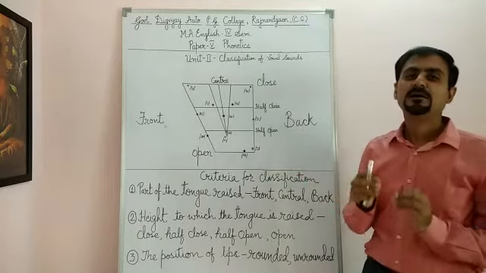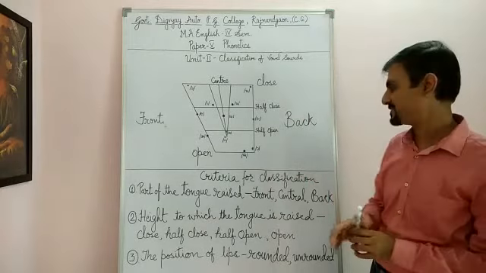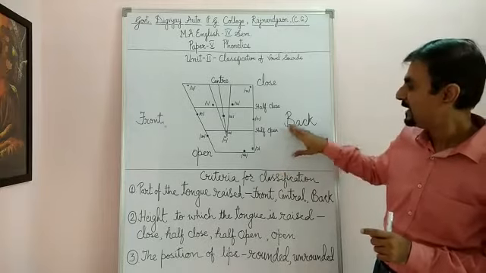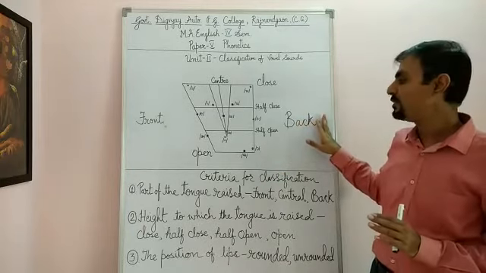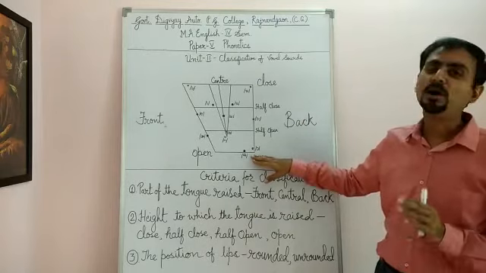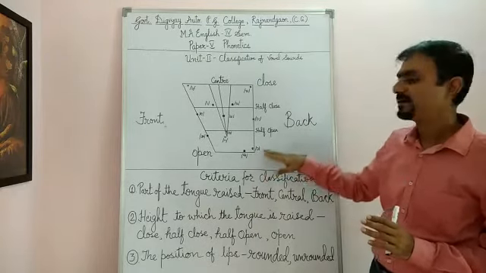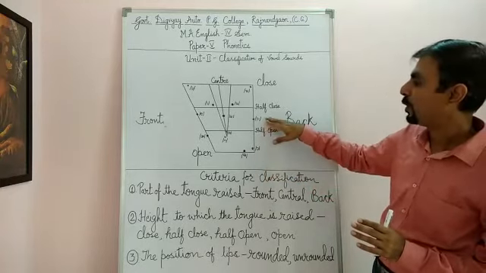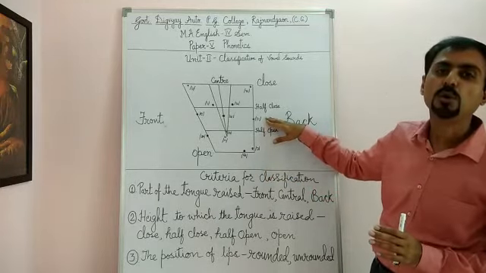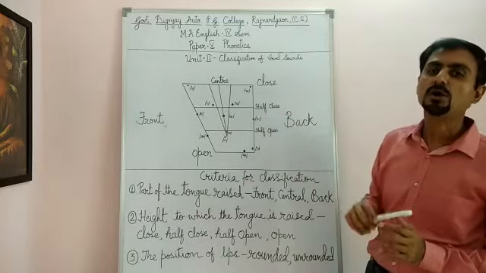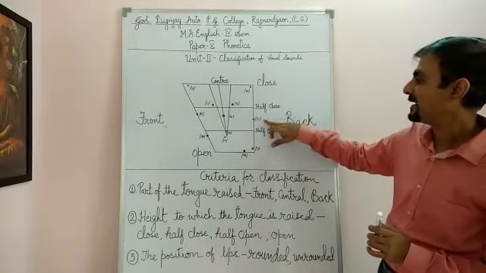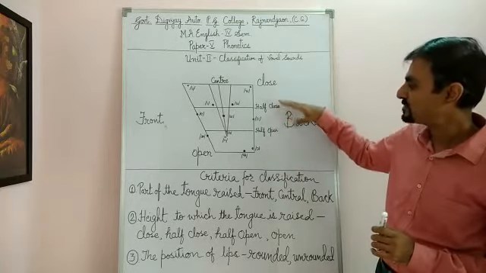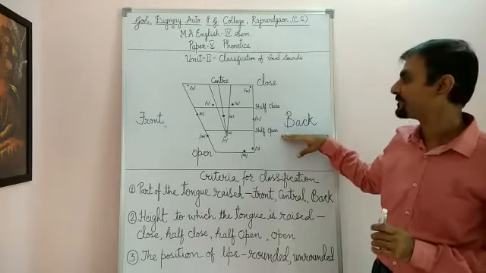Now comes, mark the position of the lips in the next four vowels. O is a back, rounded vowel and it is an open. Back, rounded, open vowel. Now, O as in boat, O as in fort, the long O. O is a back, rounded vowel between half closed and half open position.